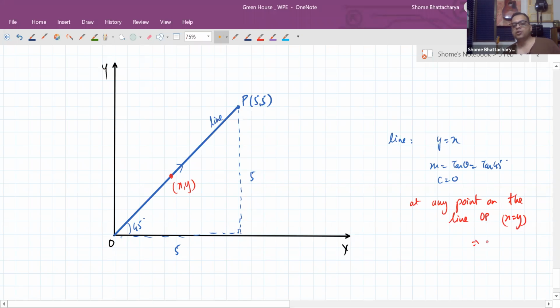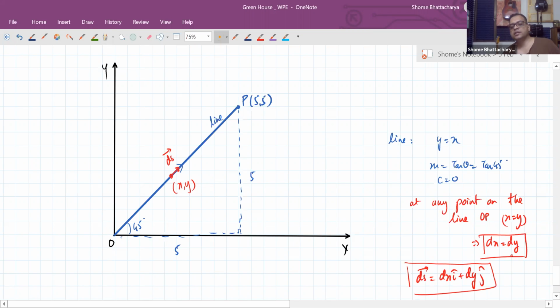That means a small displacement along the x-axis is also equal to a small displacement along the y-axis. So a small displacement ds like this can be written like this, where again dx is equal to dy, because we are going along that line.